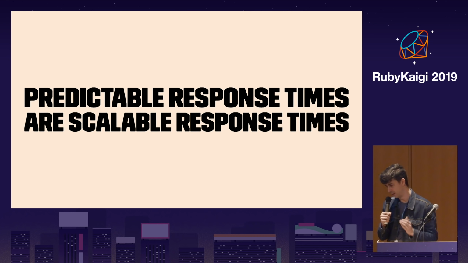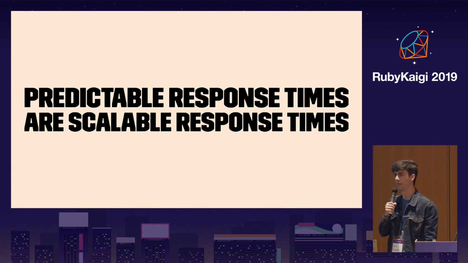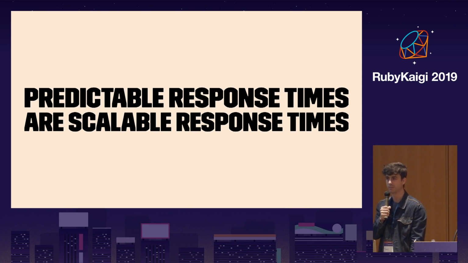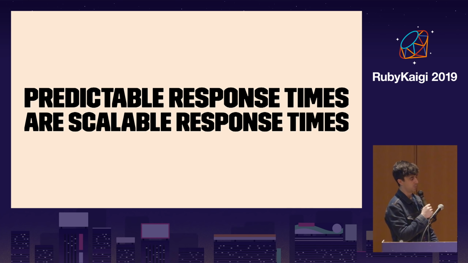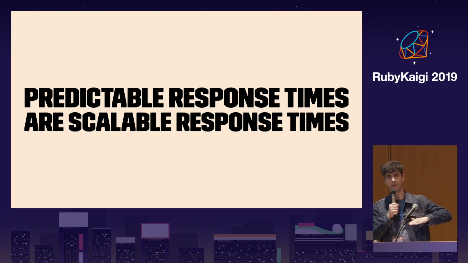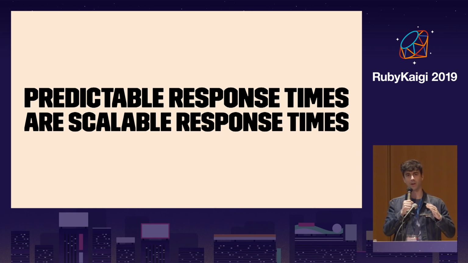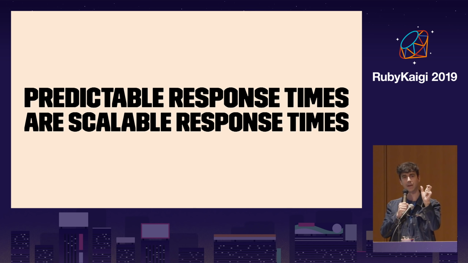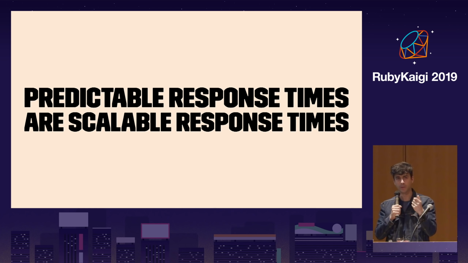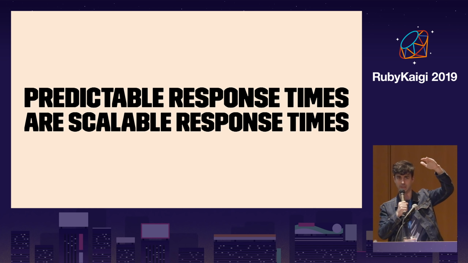Another thing that is true here is that predictable response times are scalable response times. So response times that have a low 95th percentile relative to average response time, response times that are very easy to predict, that are constantly usually the same, are easier to scale than an application that has a very high 95th percentile.